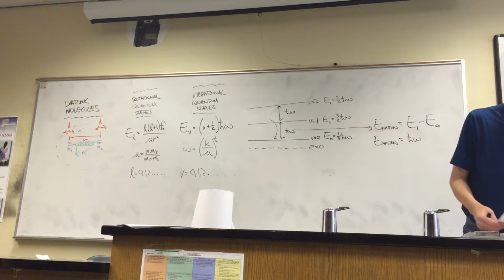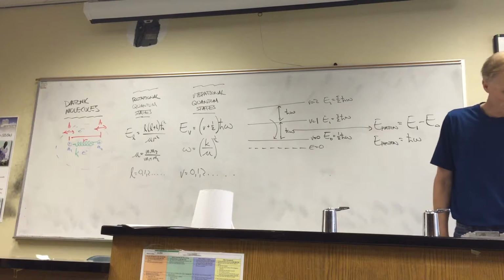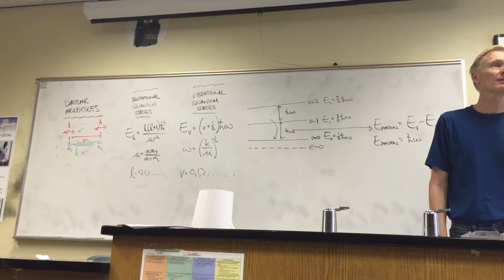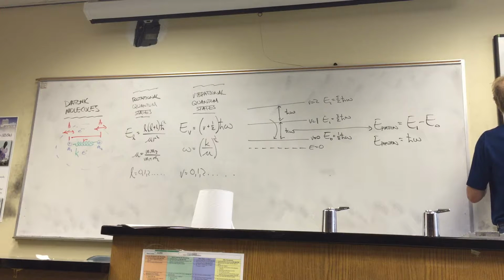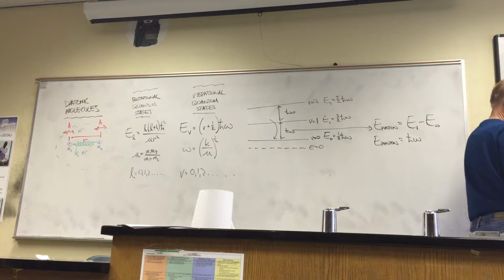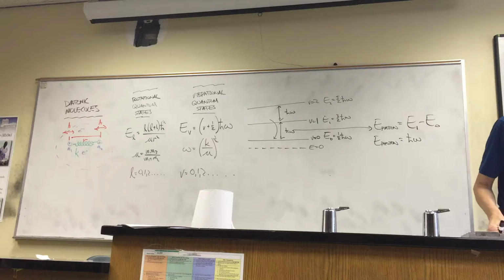All right, let's look at some numbers for vibration. What do we look at for rotation? Carbon monoxide? Is that it? Yeah. Okay, so let's do some more carbon monoxide studies here. So here's carbon monoxide, and let me go back and write some stuff down for rotation.